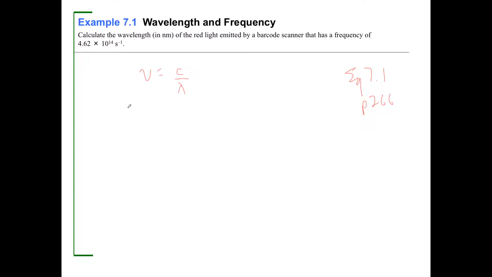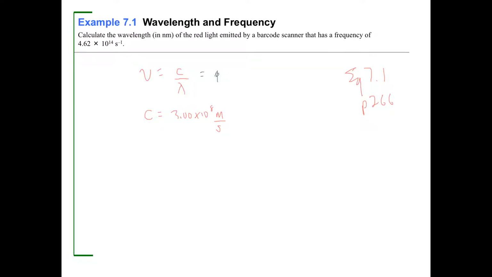And that's the formula we're given. All right, so we know that the speed of light is 3.00 times 10 to the 8th meters per second. So our problem here now is to calculate the wavelength if it has such and such a frequency. Okay.